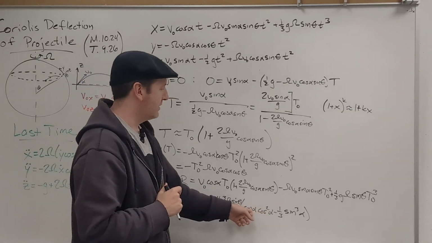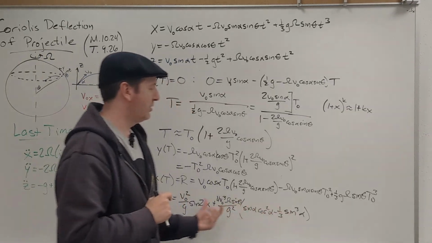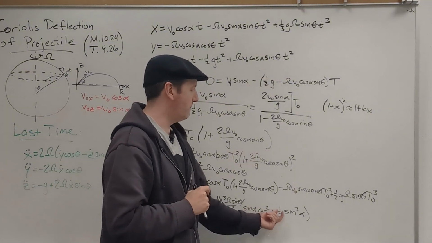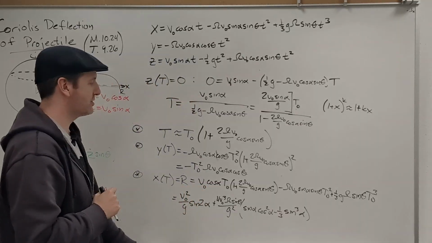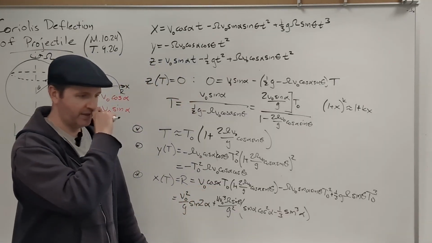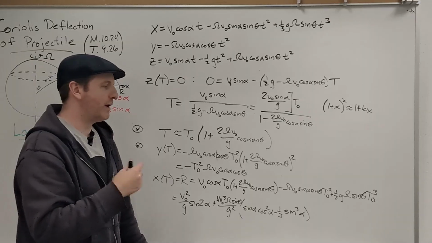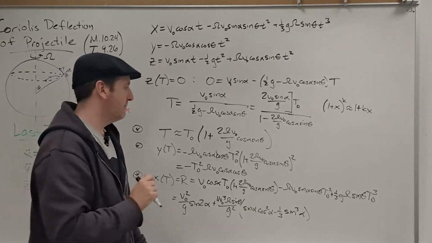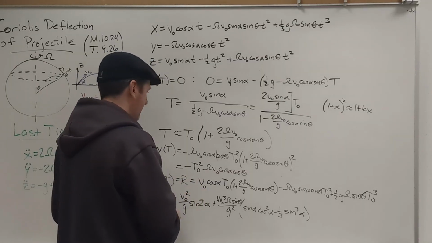Well, let's see. Notice that there's a sine alpha I can pull out of both of these terms, and I'll be left with a cosine squared alpha minus 1/3 sine squared alpha if I do that. But of course, we could rewrite that a little bit with something like the Pythagorean identity. Maybe I'll go ahead and do that up to the side here.